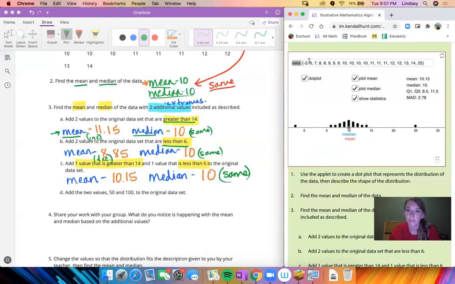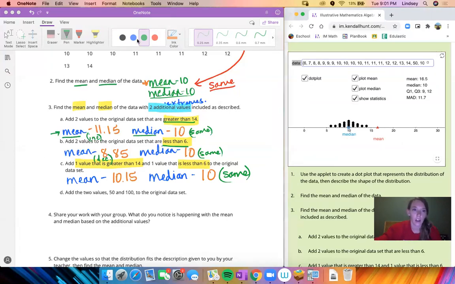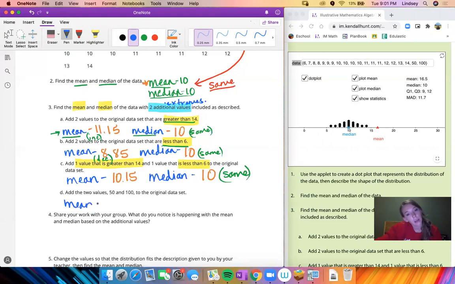All right, and then finally, it wants us to add in 50 and 100 to our data set. One second, I have to go all the way down here and delete the -2. And we're gonna see how doing that affects the mean and median once again. If you were to make a prediction on this, I would have probably said that the same thing would happen.